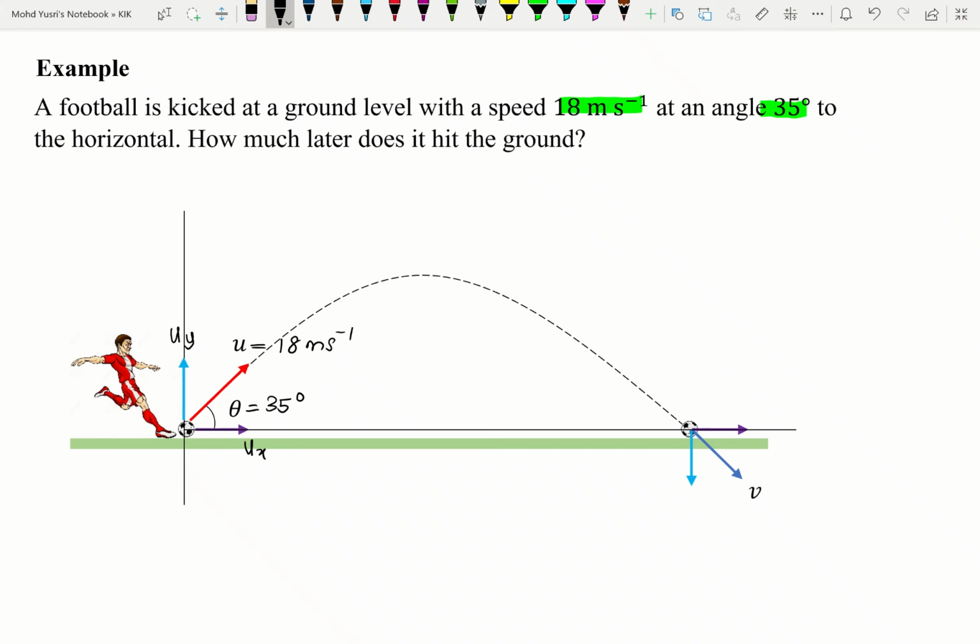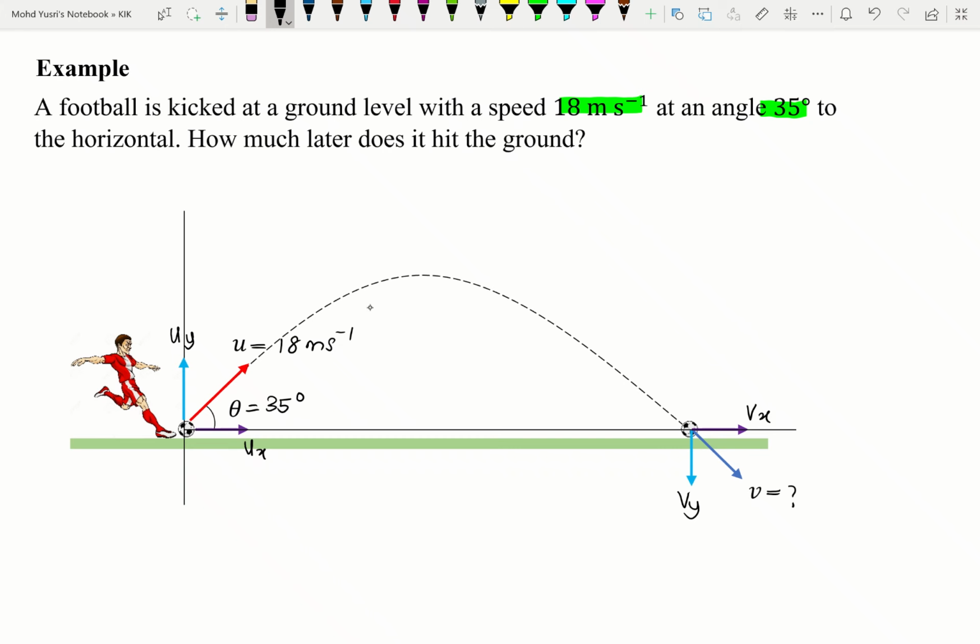At the end of the motion, the ball will move with velocity v. The value of v is unknown, and the velocity v can also be labeled in terms of its x component and y component, vx and vy.